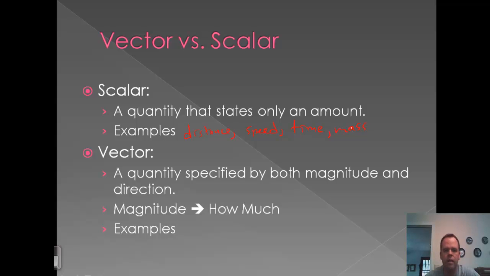A vector is a quantity that contains both magnitude and direction. So the magnitude, how much, and the direction that it's traveling. The vector that corresponds to distance is displacement. The vector that corresponds to speed is velocity. Other quantities that we've worked with: acceleration.